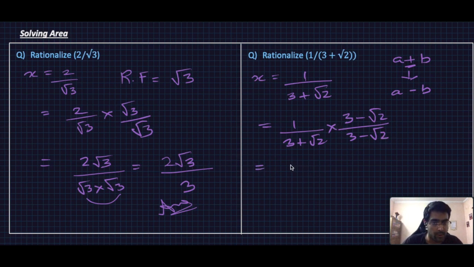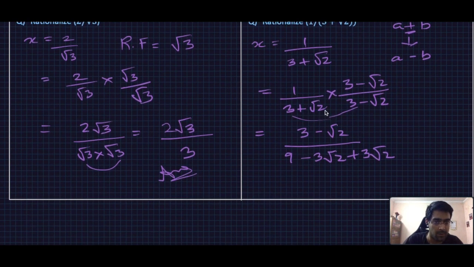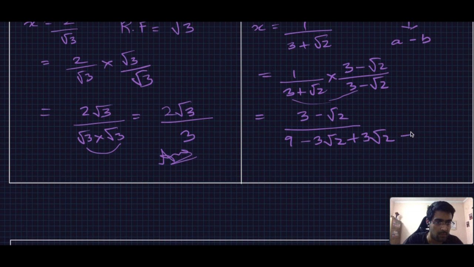Next step: the numerator will become 1 into 3 minus root 2, which is just 3 minus root 2. And in the denominator we have to multiply. So 3 into 3, 9, minus 3 into root 2, which is minus 3 root 2. Then plus root 2 into 3, which is plus 3 root 2. And then plus root 2 into minus root 2, which is minus 2.